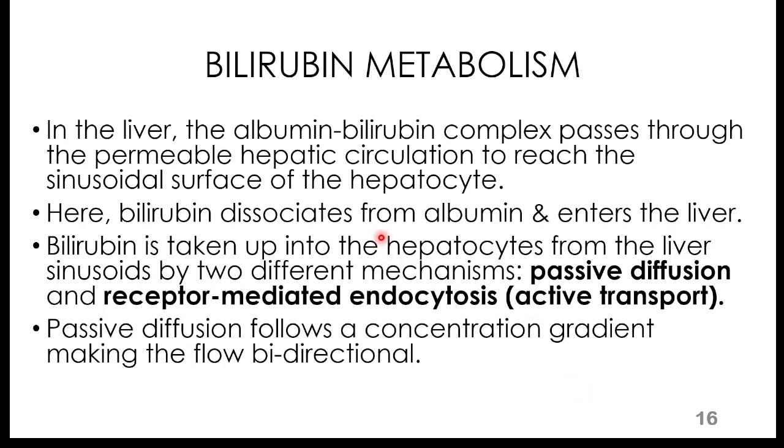Now, the albumin bound bilirubin eventually gets to the liver, right, where the bilirubin dissociates from the albumin and is taken up by hepatocytes, either by passive diffusion or an active transport, receptor mediated endocytosis.